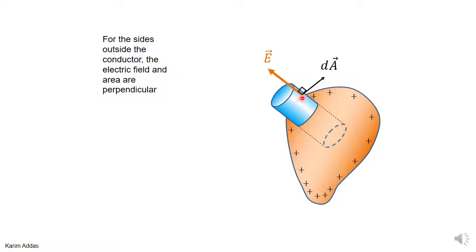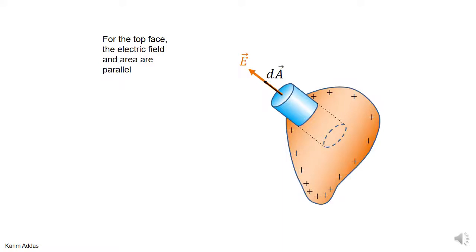That means on the side surface of the cylinder outside, the angle between the electric field and the area vectors is 90 degrees, so the flux through the sides is 0. On the top face, the electric field is perpendicular to the surface, and the area vector is in exactly the same direction, so the dot product between E and dA becomes just E dA.